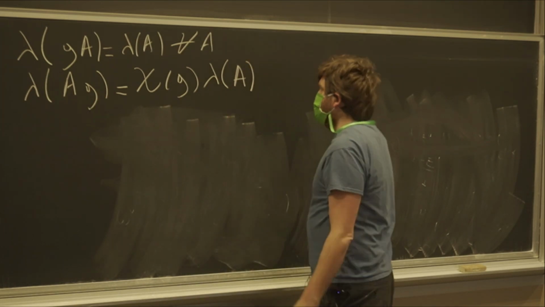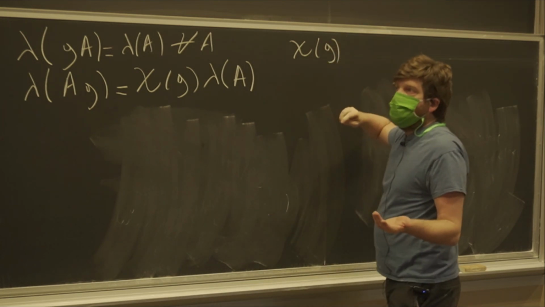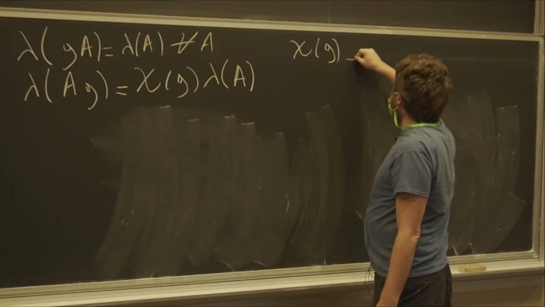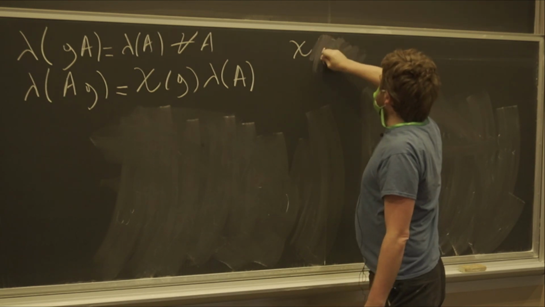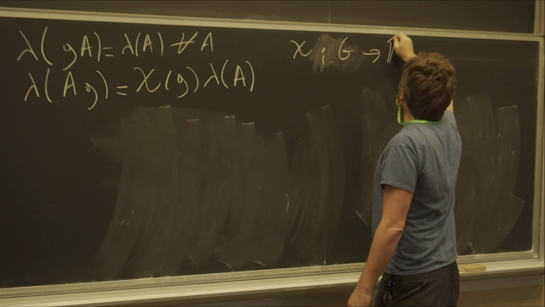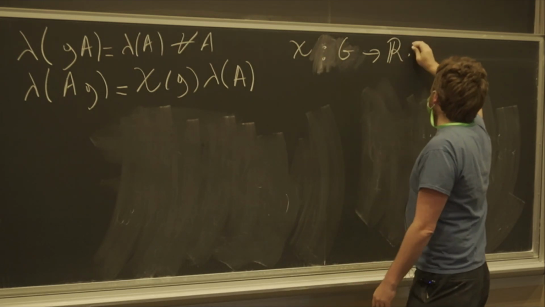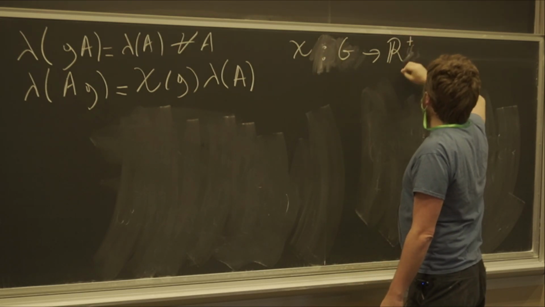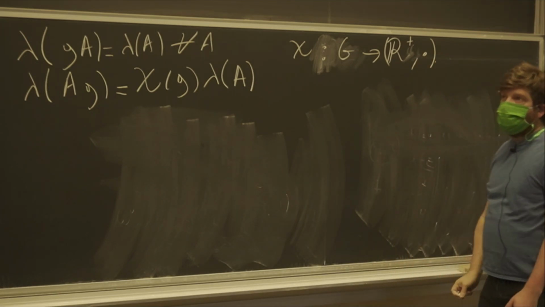Okay? And this chi of g is some sort of determinant, essentially, which is a map from G to R plus with the multiplication. It's a homomorphism.